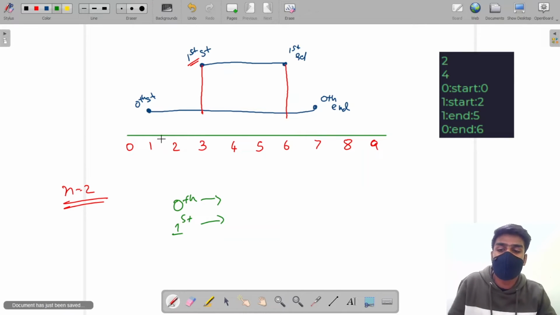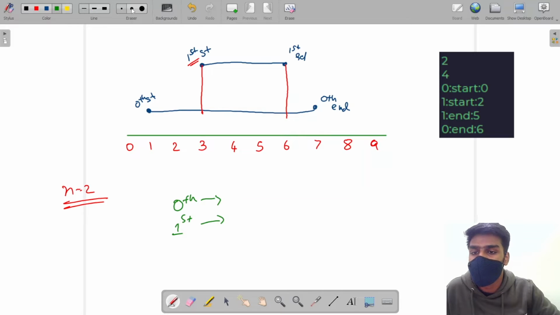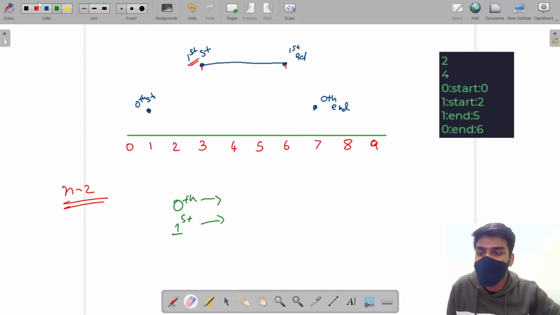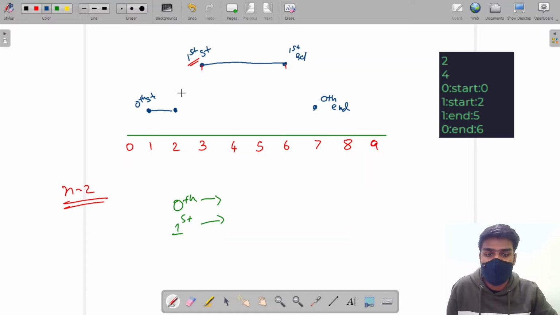My 0th function is executing only from this point till this point, and this point also. In between, some other function is using the time.